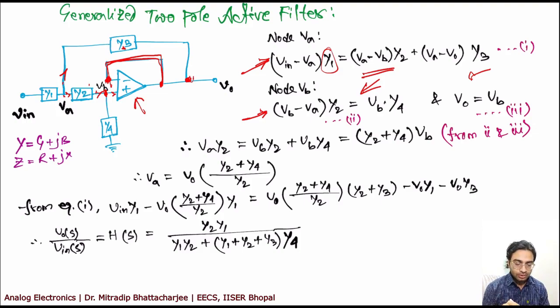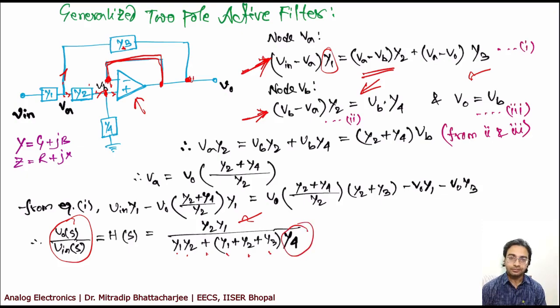Okay, so if you do some calculations, arrange those equations, then you will find you have a transfer function V0(s) divided by Vin(s) equal to Y1 Y2 divided by [Y1 Y2 plus (Y1 plus Y2 plus Y3) into Y4]. So you will find a transfer function similar to this. Just do some sort of arrangement and you will find your equation is something like this.